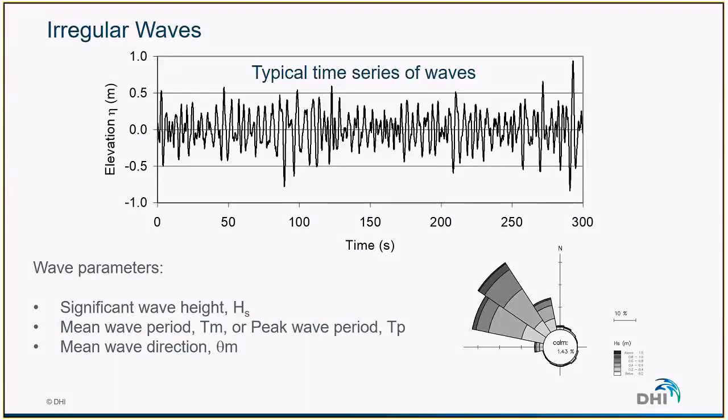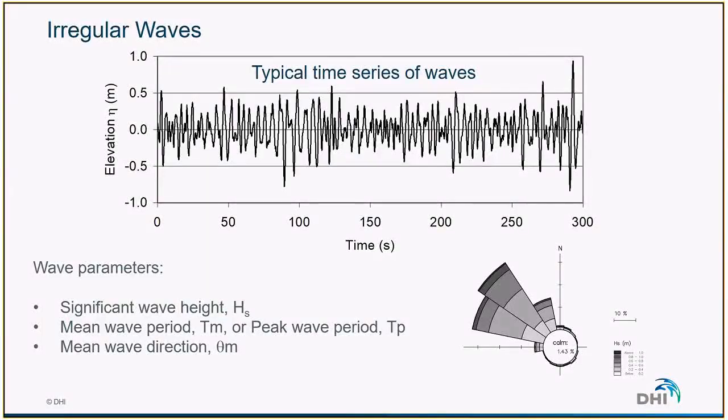So as we've seen, there are a lot of processes that can affect the waves. In order to be able to work with the waves, we would like to have a description of the waves that is easy to handle and easy to analyze, for instance, statistically, in order to have a feeling of the wave conditions at a specific site.